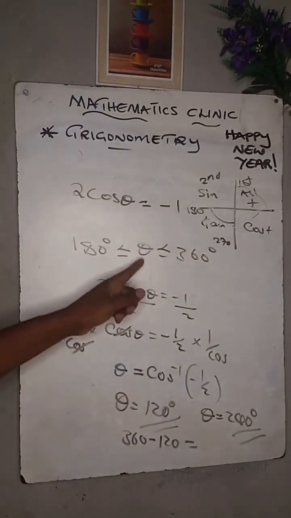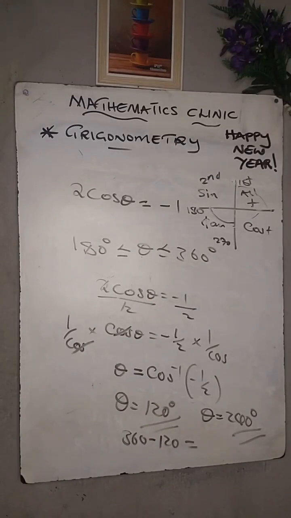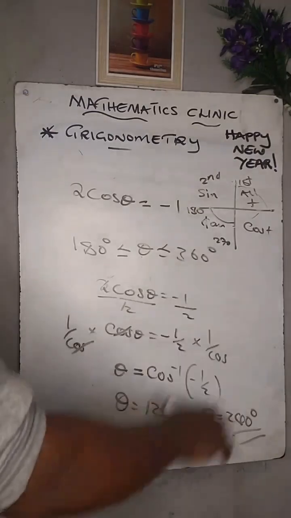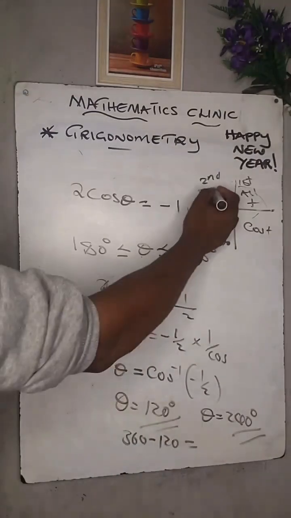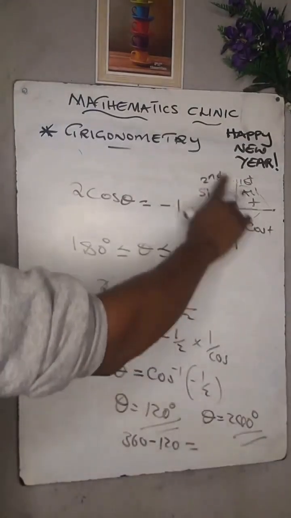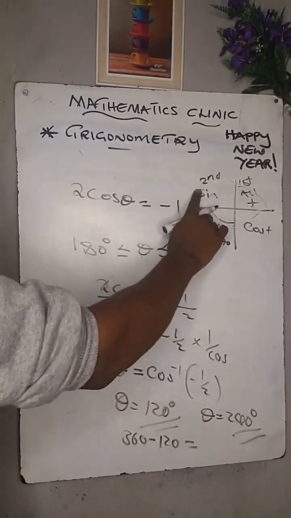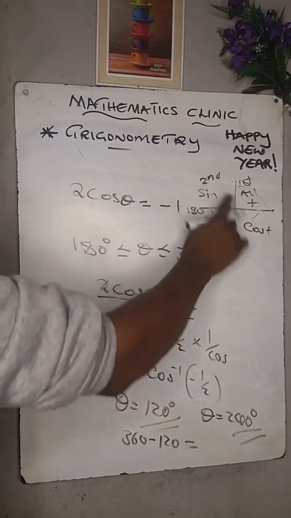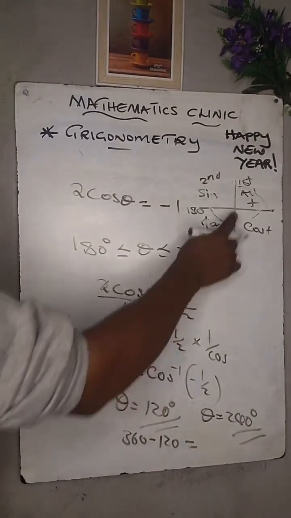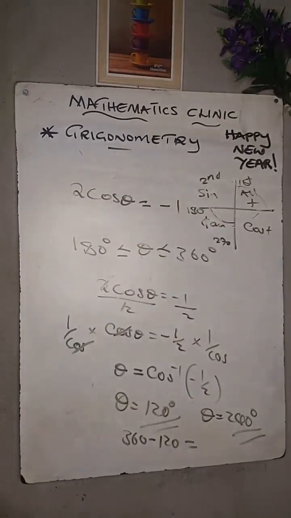So we have to subtract. That 120 is in the second quadrant, where cos is negative, which is why we found it there. But according to this restriction, we want the third quadrant.